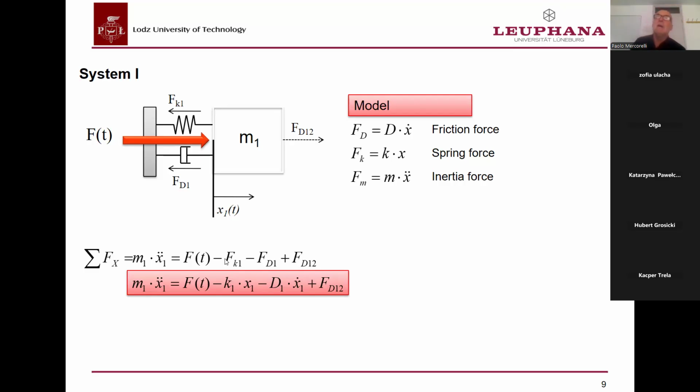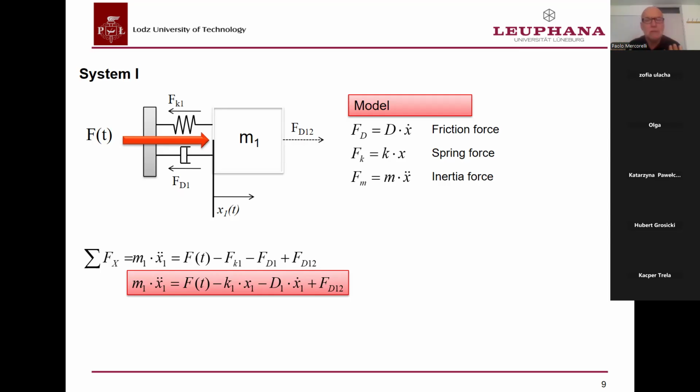As I told you, the force which is working against the presence of a spring, the force which is working against the presence of the damping factor, and we have here a force Fd12, which is an interconnected force between the mass m1 and the mass m2.